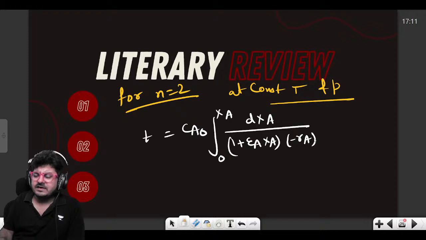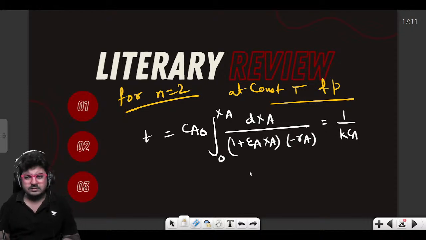यहाँ पे आप RA की जगह K CA स्क्वायर रख के सॉल्व कर सकते हो, रीअरेंज एंड ऑल. तो अल्टीमेटली वो इक्वेशन कुछ ऐसी बन जाएगी ऑन रीअरेंजमेंट.